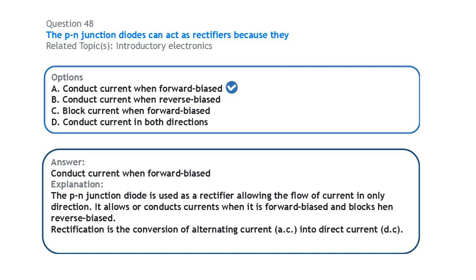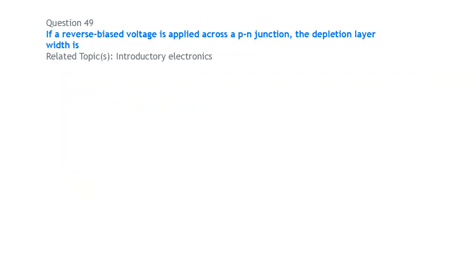What we call rectification is the conversion of an alternating current into a direct current. So this p-n junction diode is used to convert alternating current to direct current when it is forward biased.